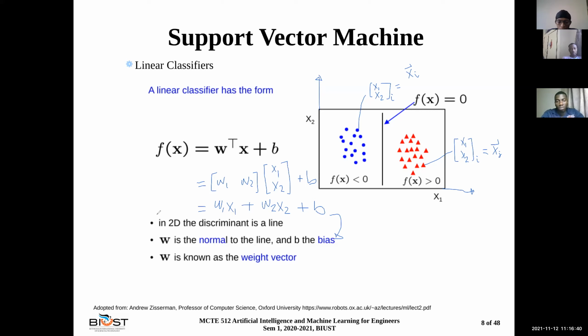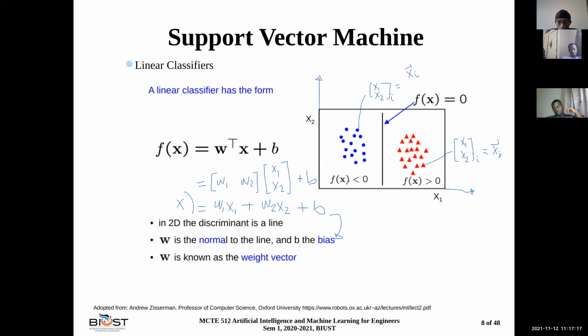Now this value f of x will tell us the classification. If the points are here, when you evaluate f of x, it will be less than 0. If your point is somewhere here, you evaluate w1 x1 plus w2 x2, that means multiply the weights by the location of that point in the plane, plus the bias, and it results in a scalar value less than 0.